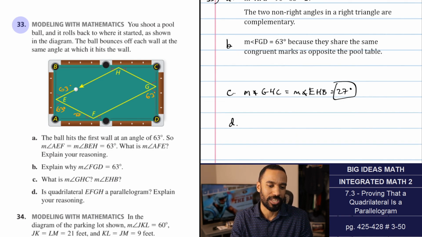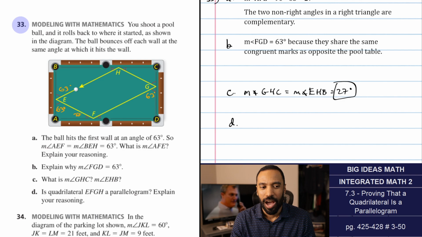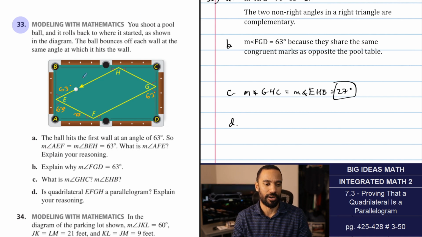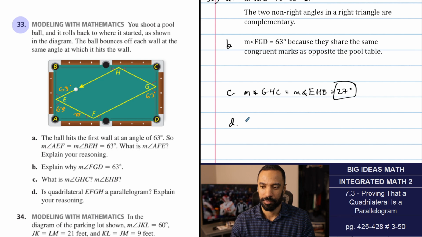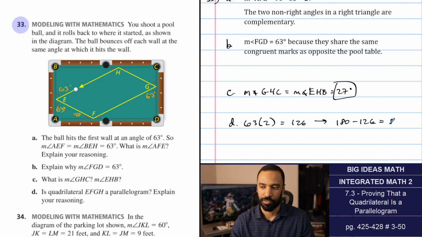So in part D, is it a parallelogram? Explain your reasoning. So here are some measures we can now find out. How about this? Let's just find out what the measures inside are now. I think this will work out. 63 plus 63, or 63 times 2, is 126. And 180 minus 126 is 54.